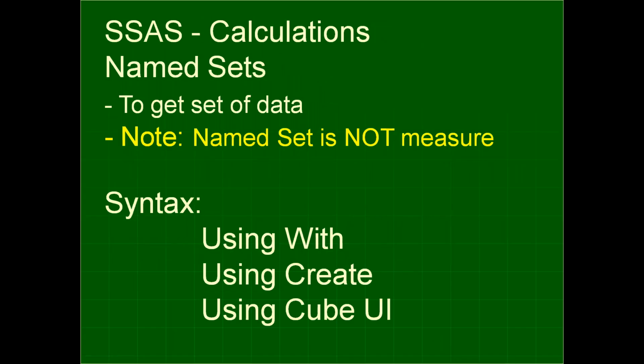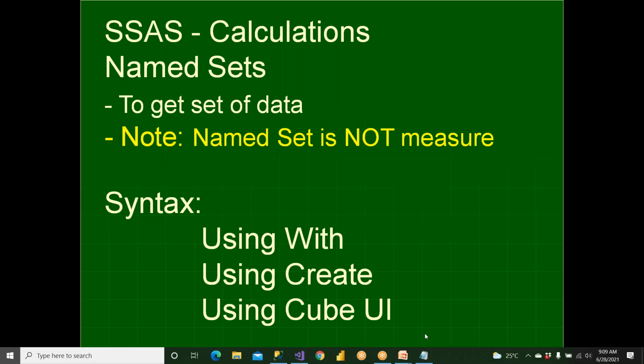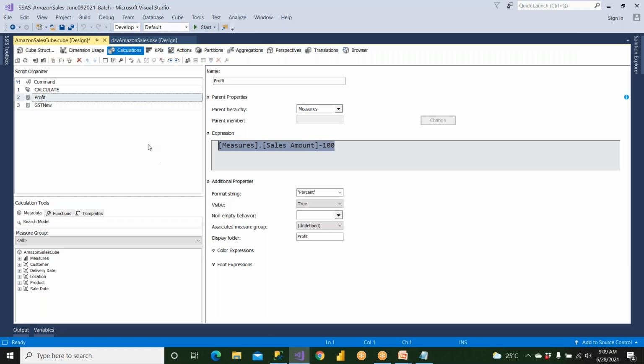Now the next one, I wanted you to understand, is named sets. When you go here, one is that we can create a calculation. This is a new calculated member, which by default is a measure. When you click on this, it gives a numerical value. Clear? But when you go here, it is not a numerical value.